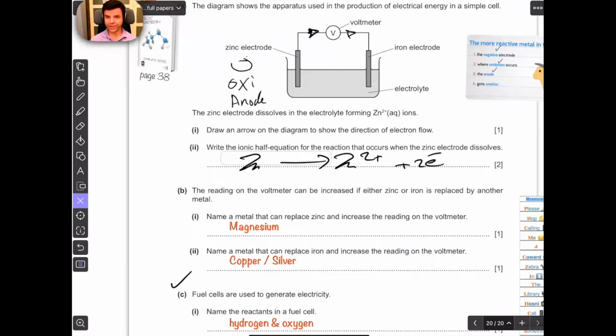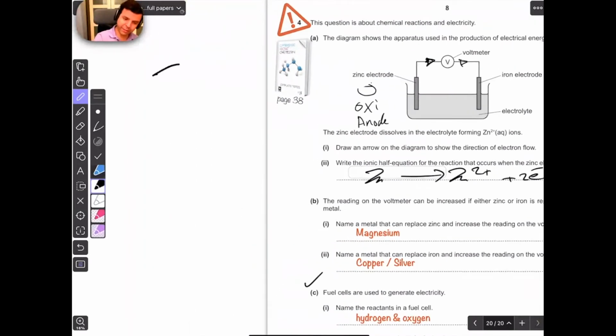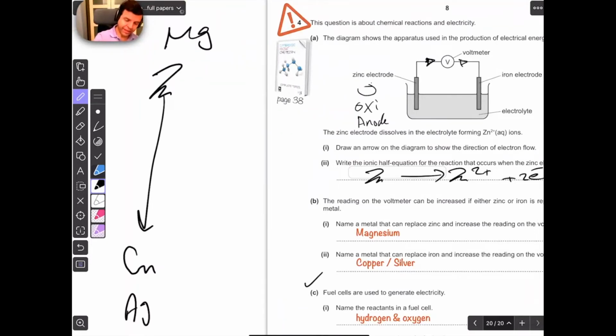Which one is better? Officially, the battery is zinc copper. Higher reactivity magnesium, lower reactivity silver. And if you've been given two options, then you tell them I will increase the concentration of the acid. But these are the official ones.